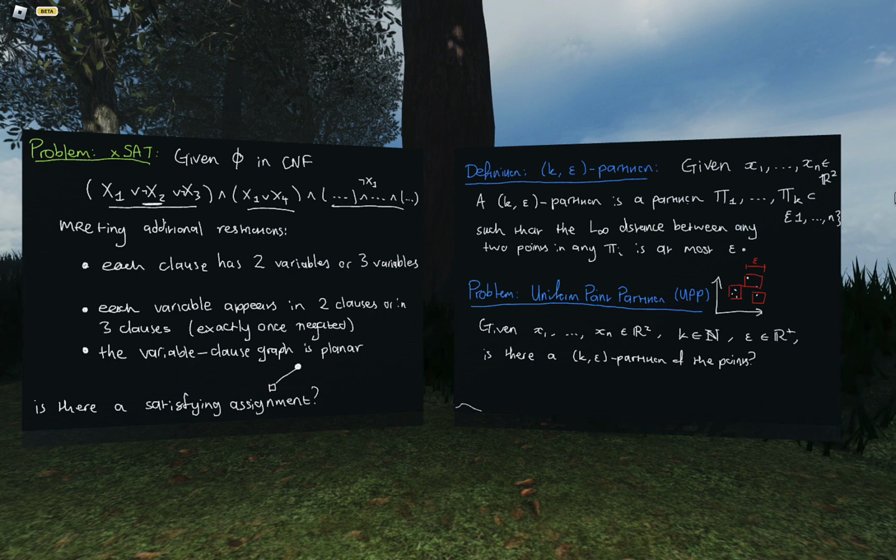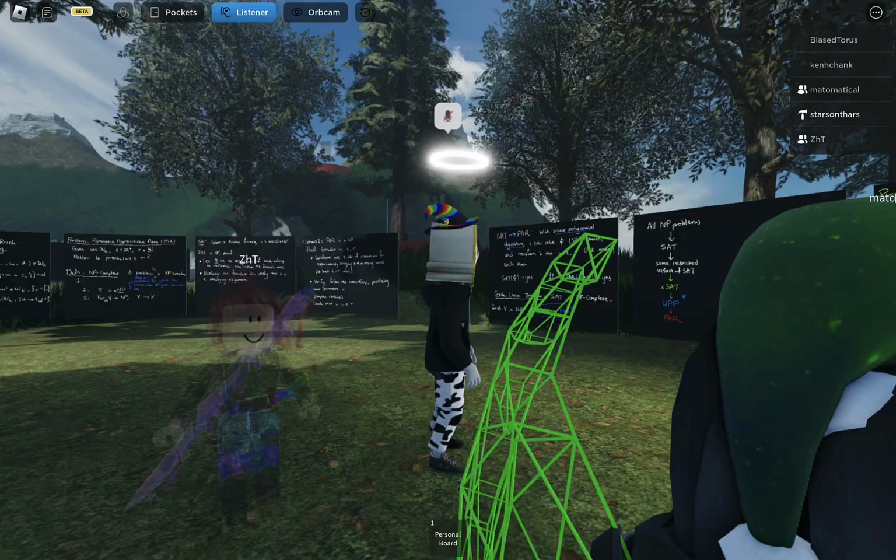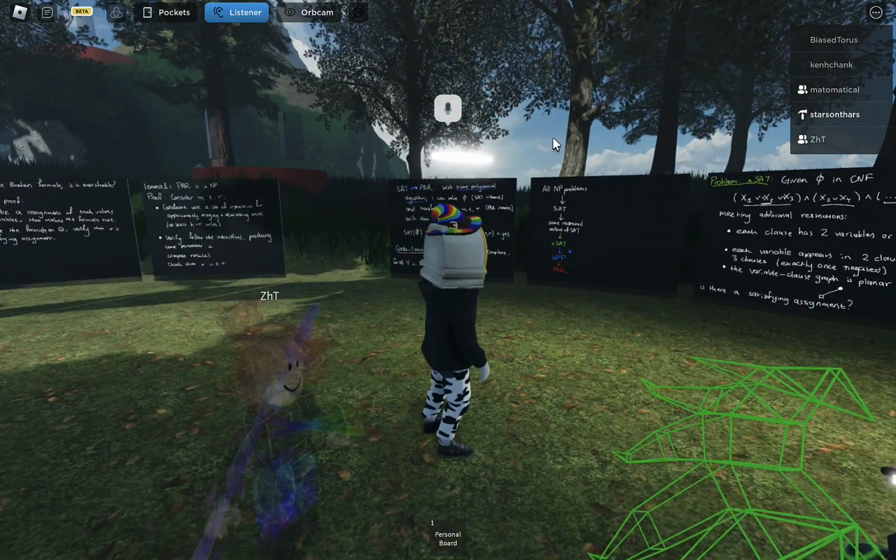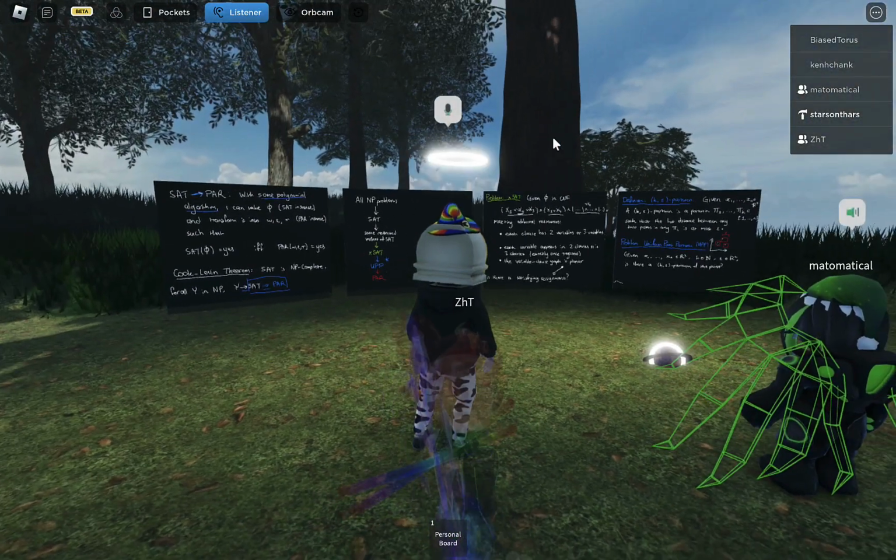So suddenly satisfying assignments have to correspond to k epsilon partitions in some way. And so that's the task of the proof, is to set up that correspondence in a way that can also be, that transformation has to be polynomial.